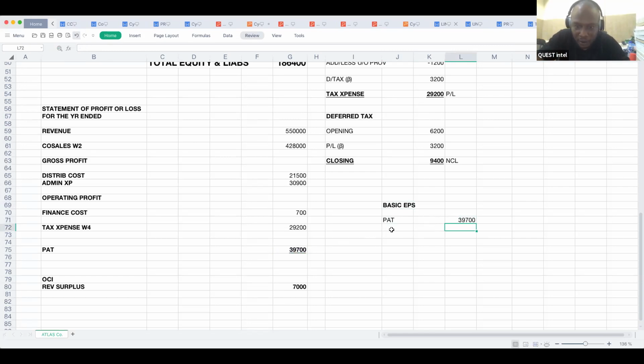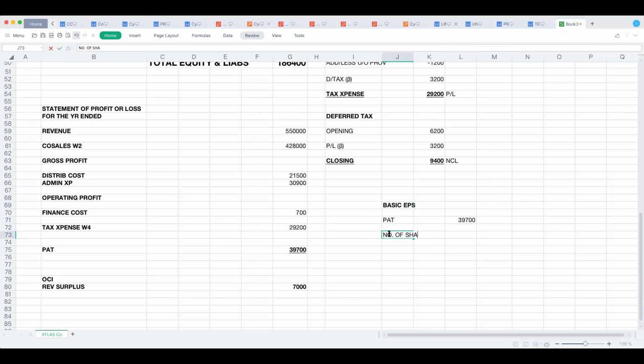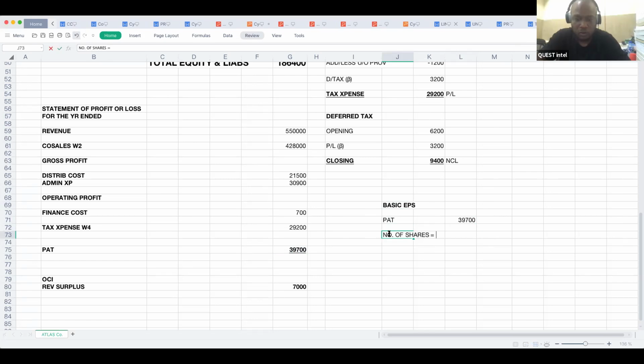Profit after tax, then number of shares. Number of shares is equal to nominal divided by par, right? That's what we said earlier.